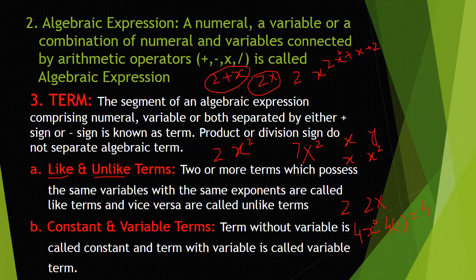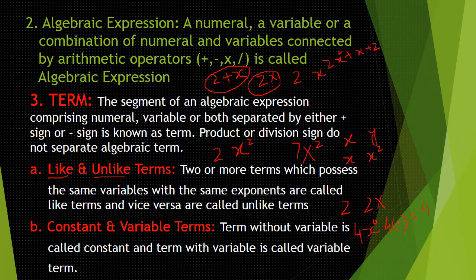But if I write here 2x, so 2 and x, although they are in multiplication to each other, both of them are a single term.